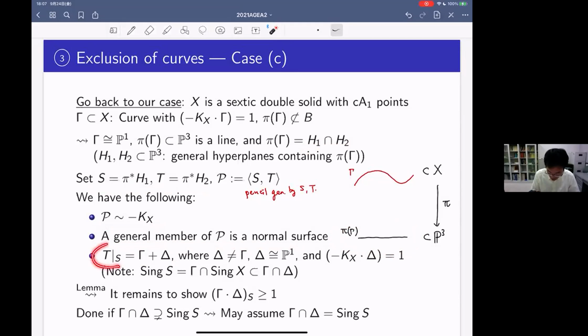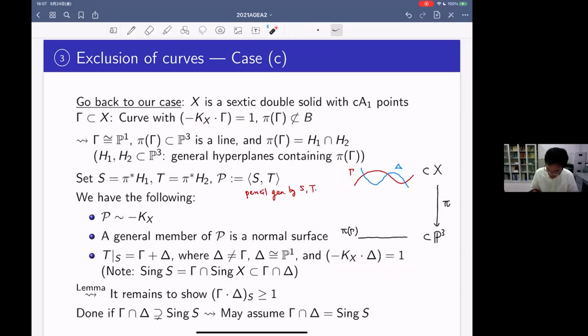So the intersection of the pullbacks has two components, gamma and delta, which are distinct, and delta is also, like gamma, a smooth rational curve, and the degree is equal to 1.